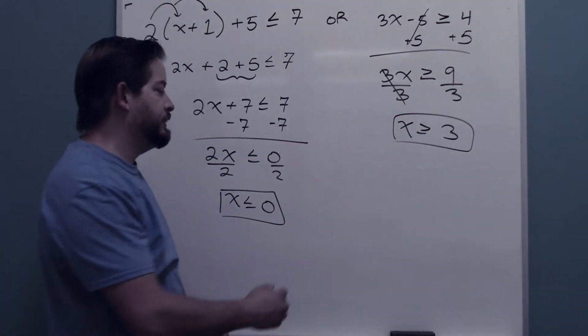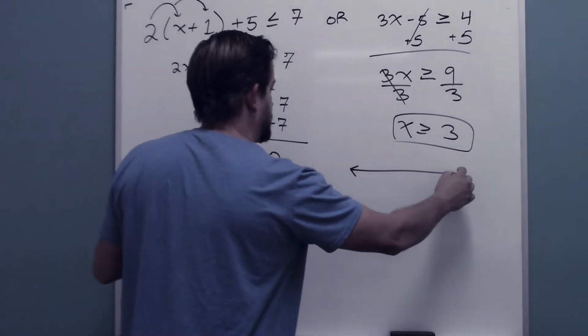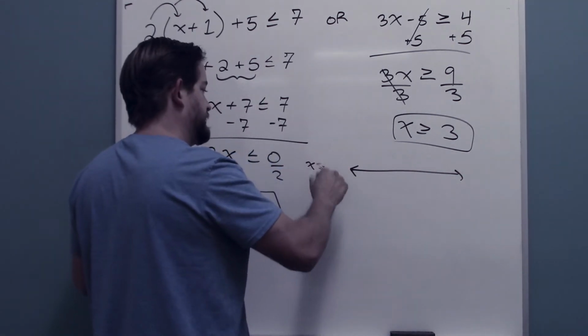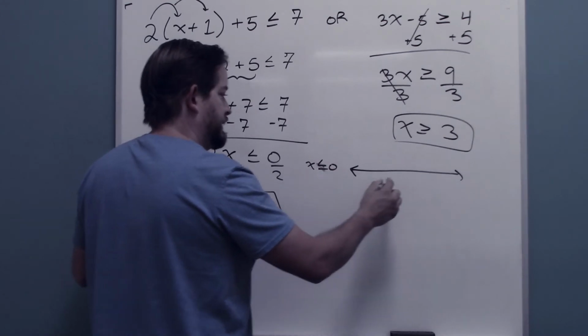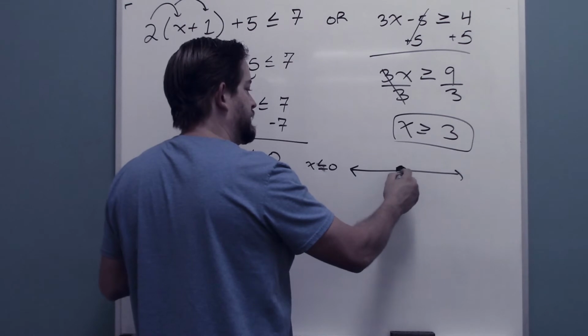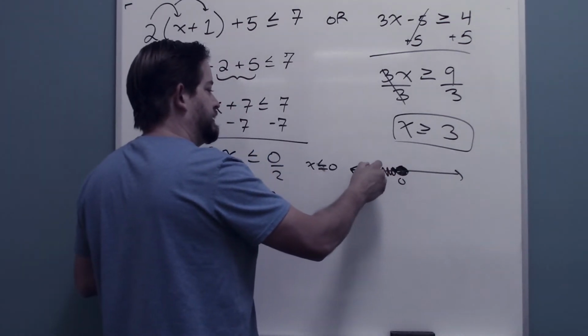And if I draw this out, x is less than or equal to 0 is simply at 0, a closed circle, because it's the inclusive less than, and then everything to the left.